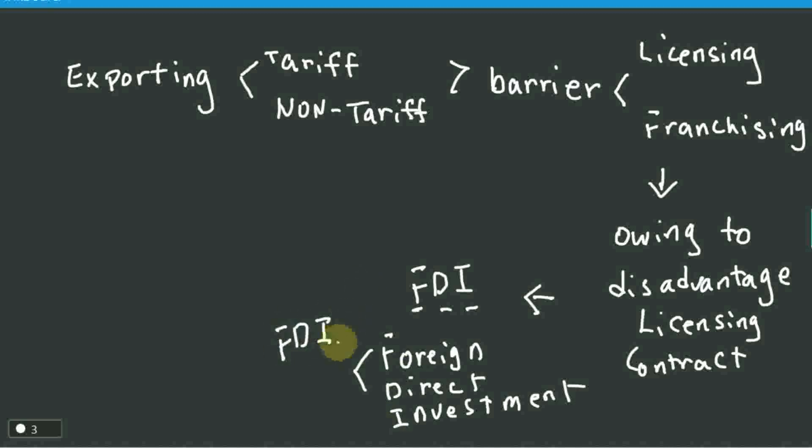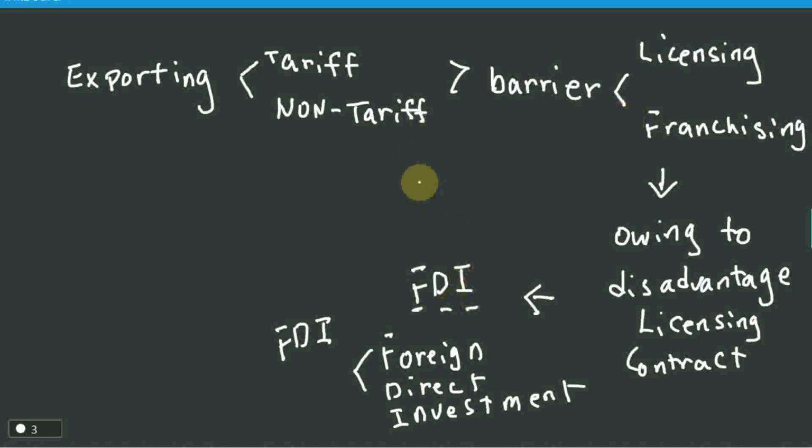FDI is direct investment from a foreign country, not having a contract like licensing or franchising and letting a local firm produce. Not that way. FDI is a direct way to invest.